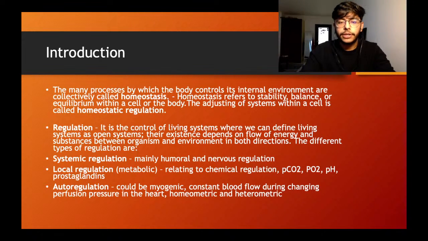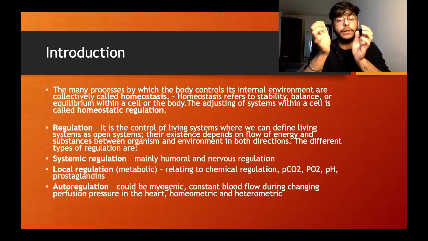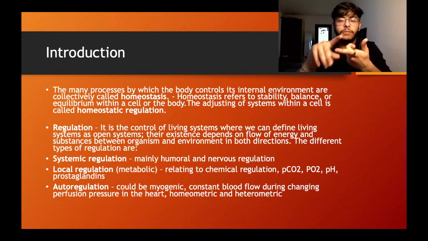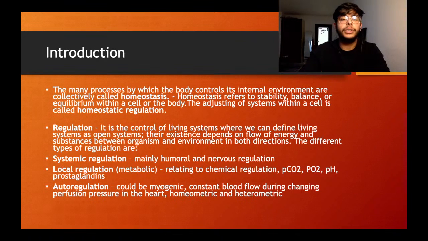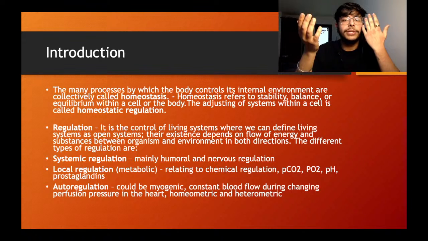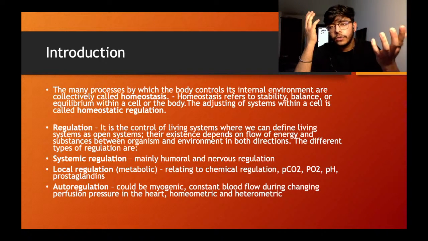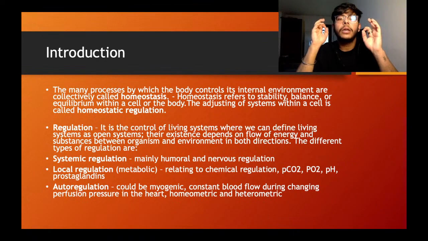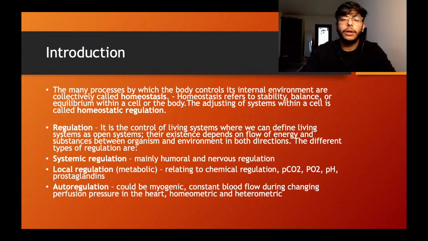And local regulations are just in a certain area with surrounding tissues, looking at chemical regulation, PCO2, PO2, pH, etc. Autoregulation, again, is mainly in the myocardium because blood flow causes changes in the perfusion pressure in the heart. There's homeometric and heterometric autoregulation, which you guys will learn next semester, so I'm not going to get into that right now. But what we're going to focus on today is the nervous regulation aspect.